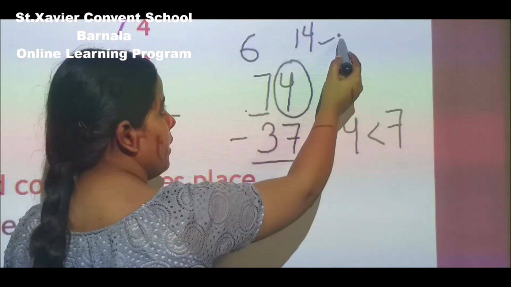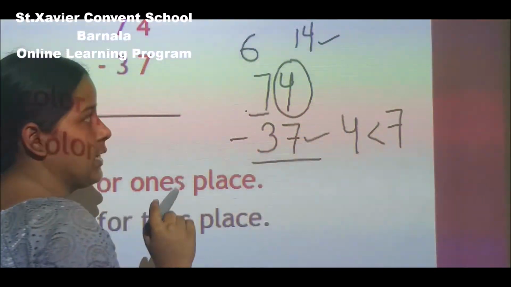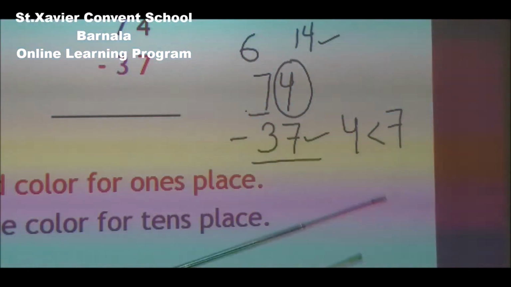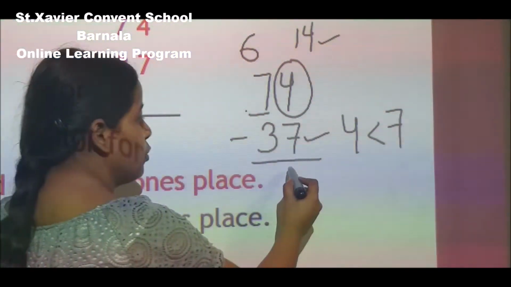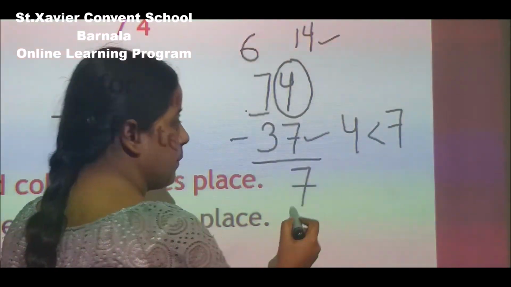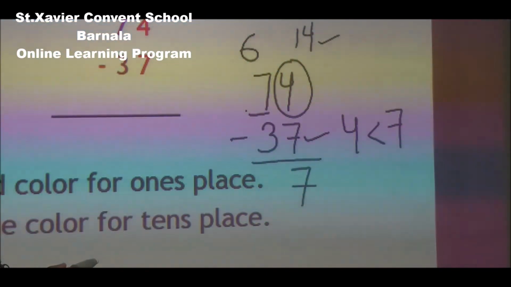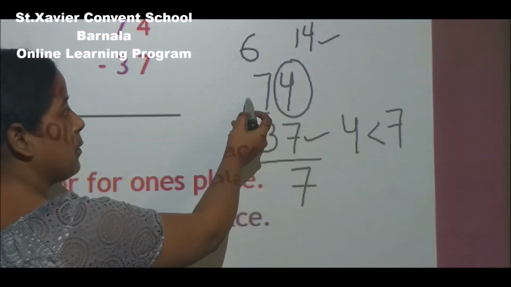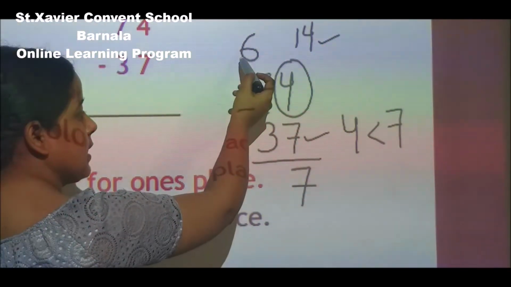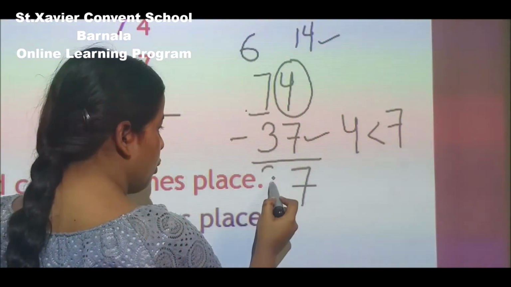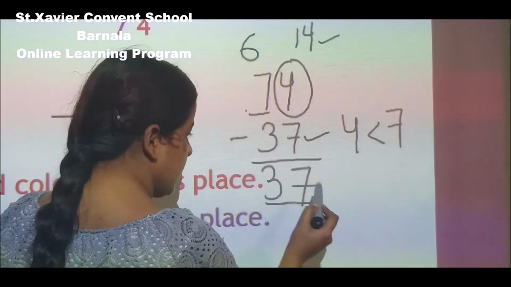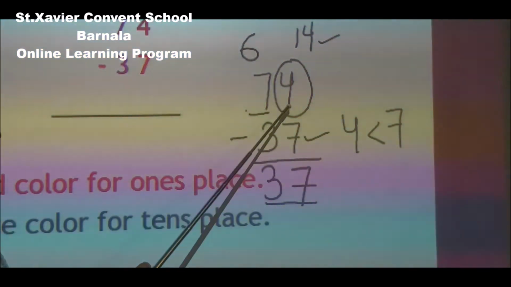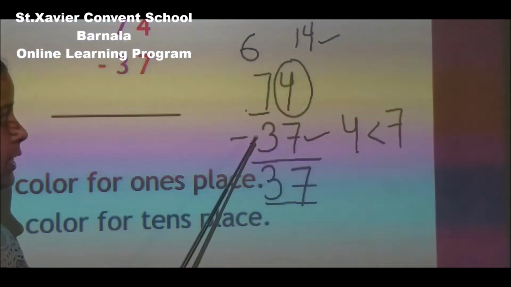At the ones place, 14 minus 7 is equal to 7. After giving one borrow to the 4, 7 becomes 6. So 6 minus 3 is equal to 3. Answer is 37.